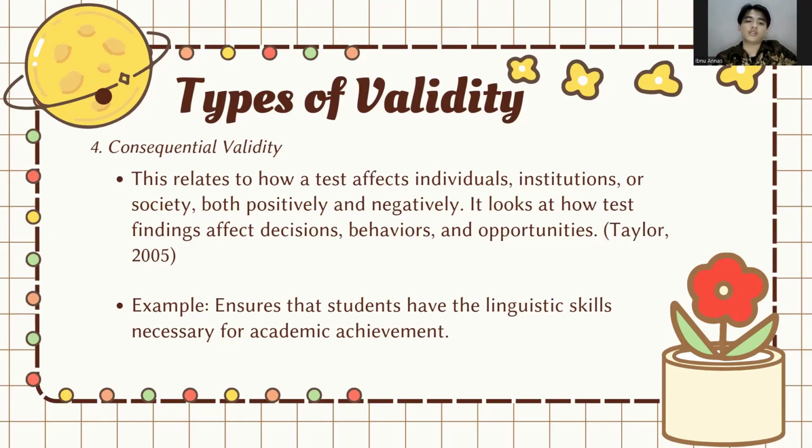It looks at how the test findings affect decision-making, behaviors, or opportunities, ensuring that students have the linguistic skills necessary for academic achievement. In other words, consequential validity may have negative consequences, such as disadvantaging those who may not be familiar with the linguistic skills, thus unfairly affecting their performance.